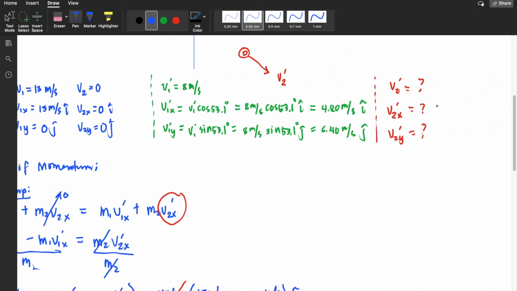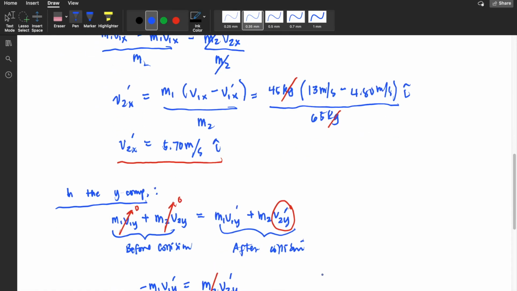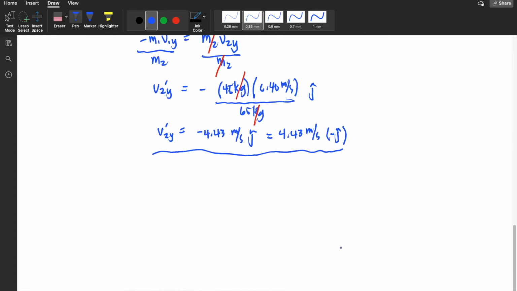We already have the values: 5.70 meters per second, and negative 4.43 meters per second. So solving for the magnitude of v2', we'll have to draw first.